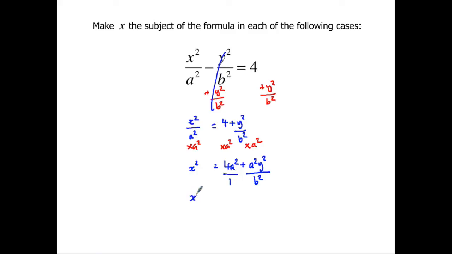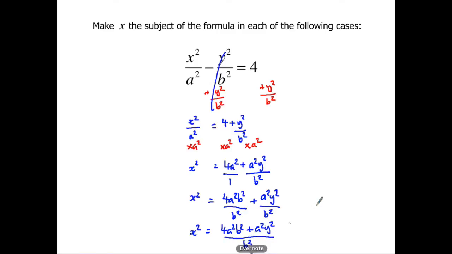So we'll have x squared equals 4a squared b squared, and that will now put it all over b squared, and I'm adding to that a squared y squared, and that is also over b squared. So I can merge those two together. So I've got 4a squared b squared plus a squared y squared over b squared.